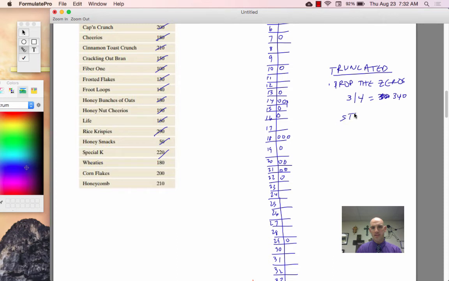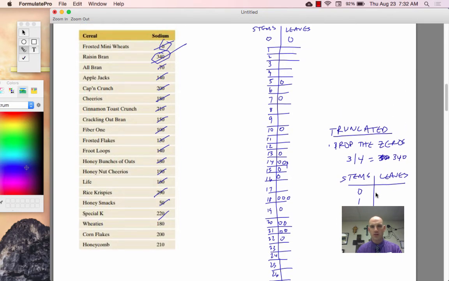So what if I made my stems 0, 1, 2, 3? And instead of taking my data and having it be where 0 is my leaf, what if my tens place was my leaf? And so I have a data value that's 0, right? So I've got 0.